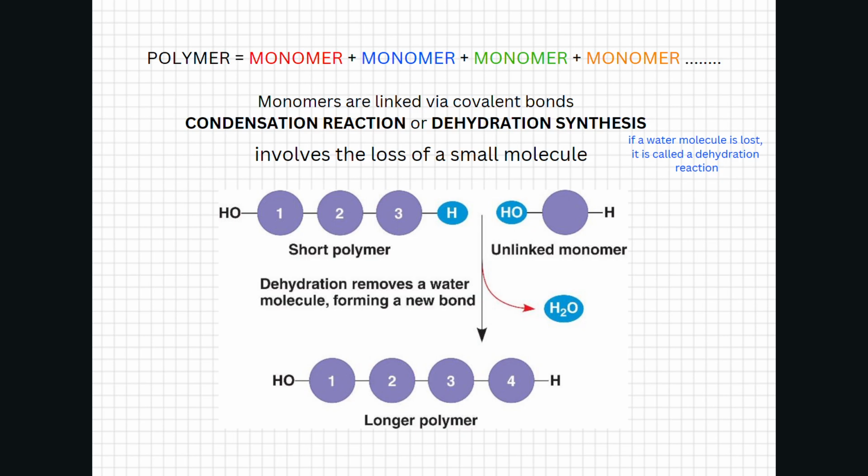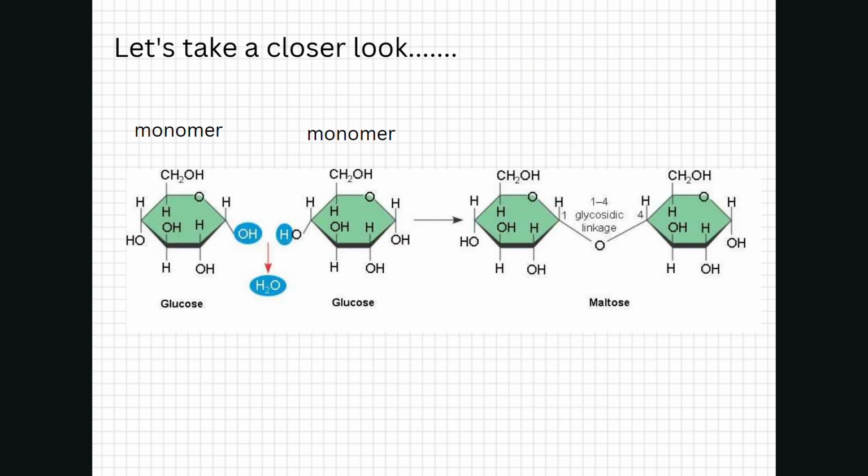For a lot of people, this little diagram sparks some confusion as people wonder, where does this water come from? Well, let's take a closer look. For example, we have carbohydrate monosaccharides of glucose. So glucose is our monomer. As you can see, we have two monomers, and then we see the OH from the monomer on the left and the H from the monomer on the right.